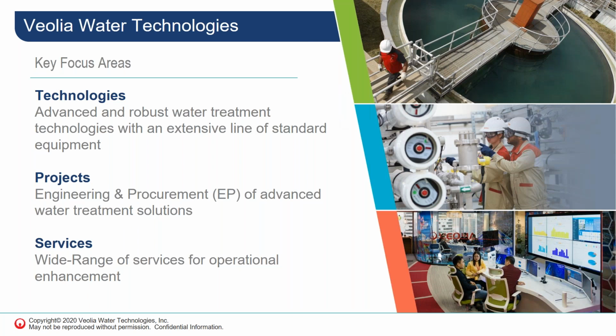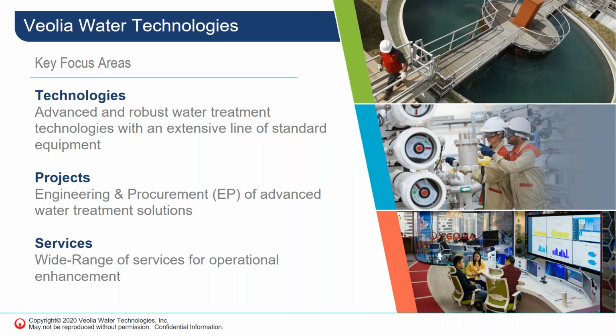Okay, we're getting ready to hop into today's technical presentation. Just a little bit about Veolia. Veolia is a leading global environmental company. Our group is entitled Veolia Water Technologies, and we focus on three main pillars of our business. The first pillar is technologies. We have several technologies within our water treatment portfolio that we employ to help customers with their water and wastewater treatment needs.